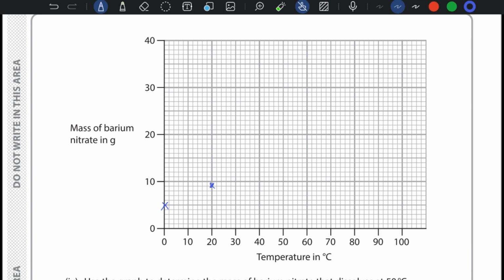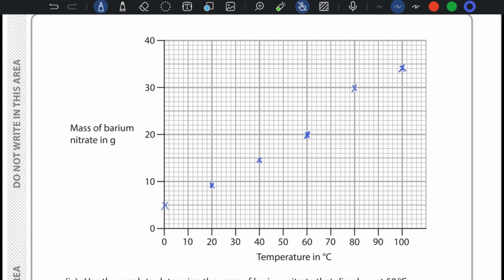Temperature 40, 14.5, right here. Temperature 60 at 20, right here. Temperature 80 at 30. And for temperature 100 at 34, right here.